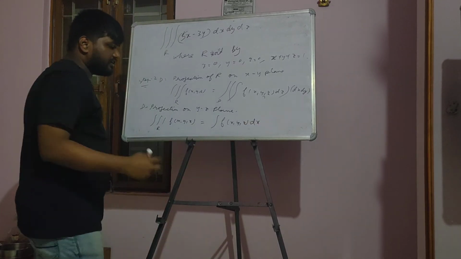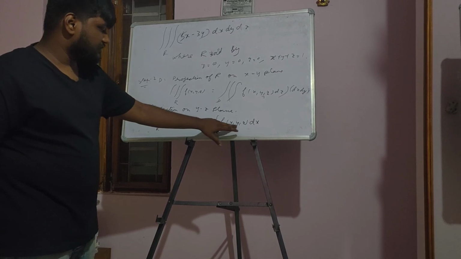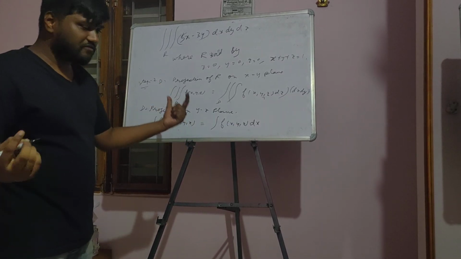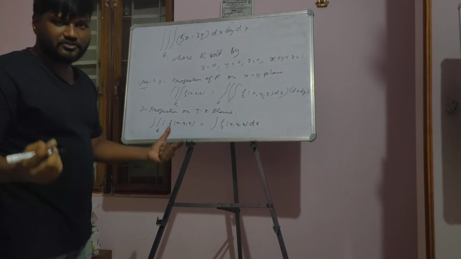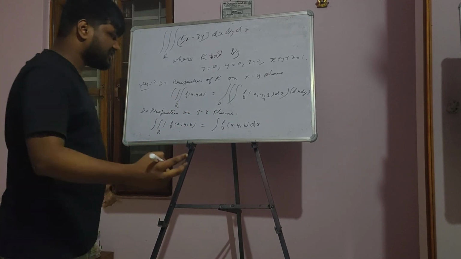And after you have integrated with respect to X, the X goes off. So you will be left with a function of Y and Z, and you are integrating it on the YZ plane. So this is a two variable problem which can be done.